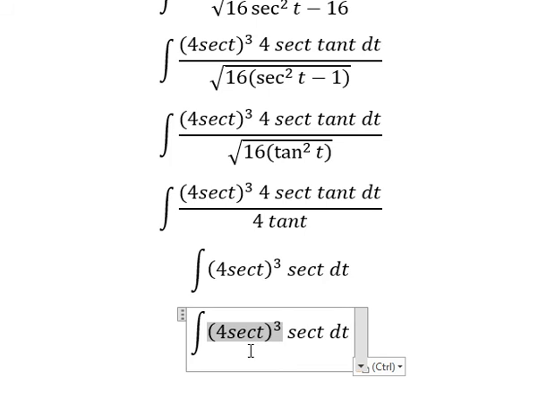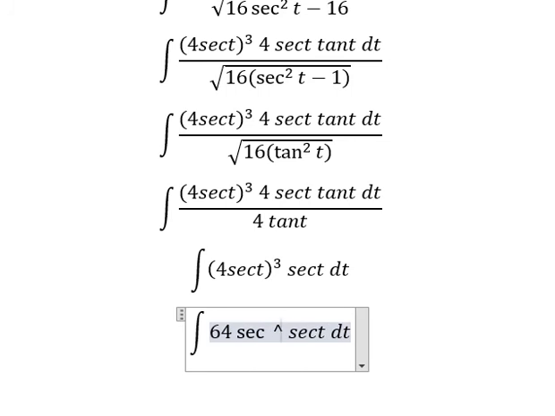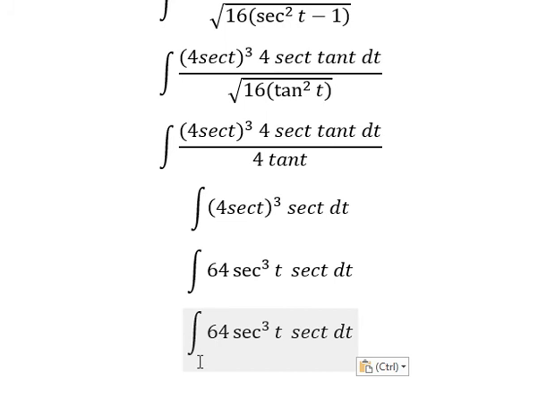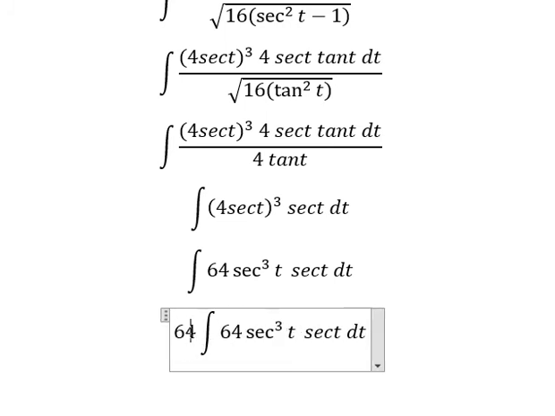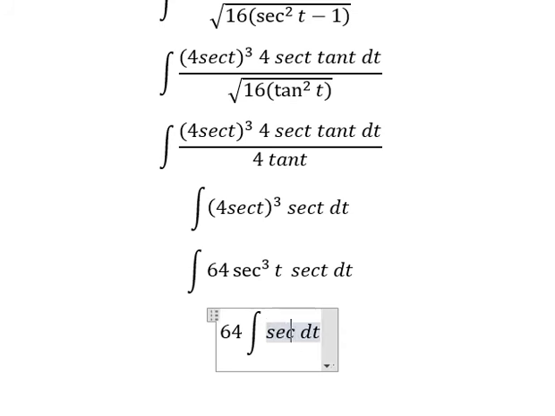This one you get 64 secant of t to the power of 3. We put number 64 outside. Secant of t to the power of 3 with secant of t, you get secant of t to the power of 4.